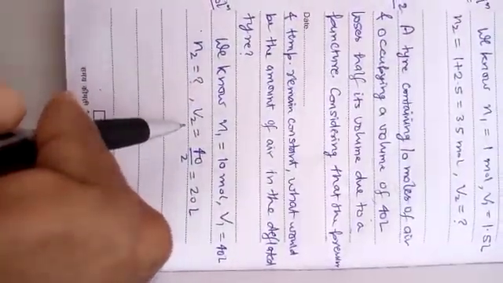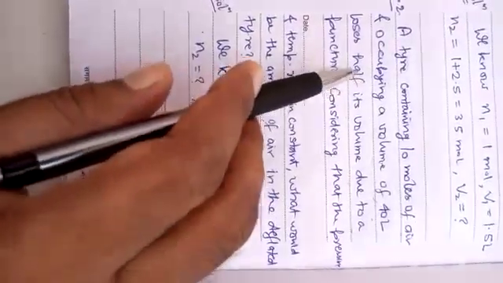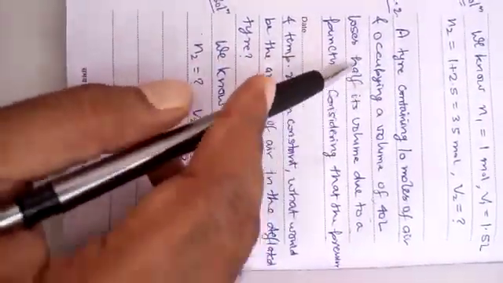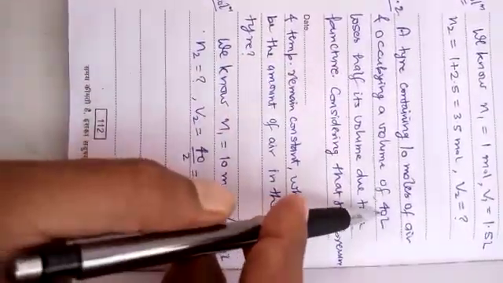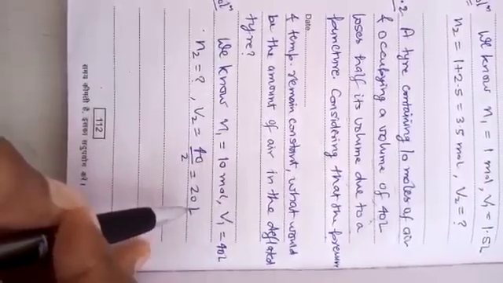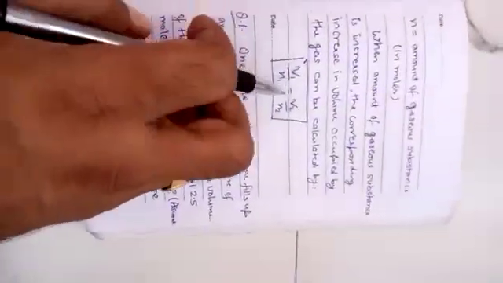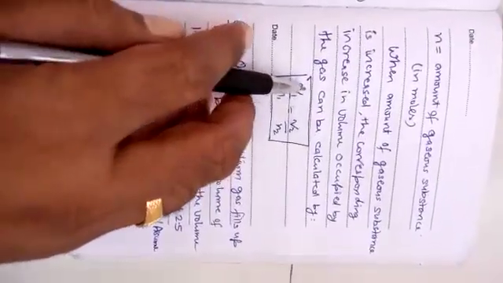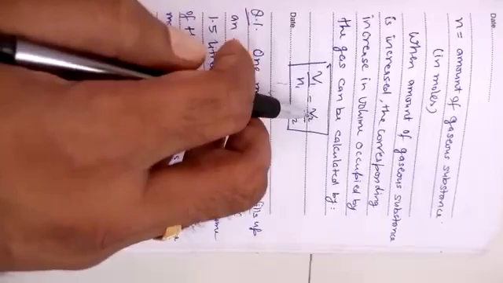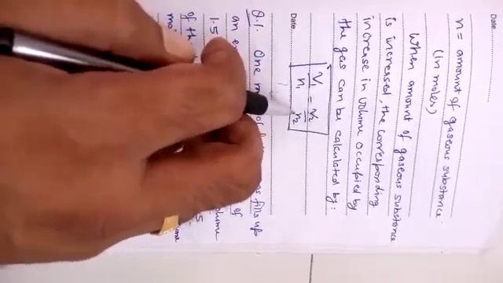And what is the final volume? V2 is half of its volume, loses means what is remained? Half of the volume of 40. So the final volume would be 20 liters. Now again we will use this formula and keep the values of V1, n1 and V2 and calculate the value of n2.